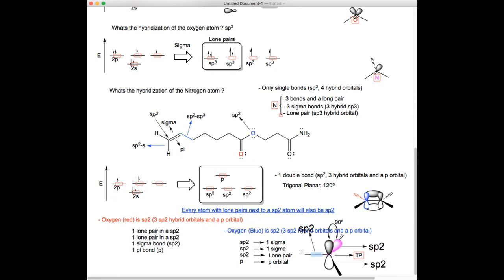Okay, so 1 sigma is on the plane of the screen, another one is coming toward you, the third is going behind the screen. They are all in the same plane, 120 degrees. The p orbital is on the plane of the screen, literally. Okay, so the angle in between the p orbital and the sigma bonds is gonna be, of course, 90 degrees. Because one of the lone pairs is in one sp2 hybrid orbital, the angle in between the two lone pairs will be 90 degrees.